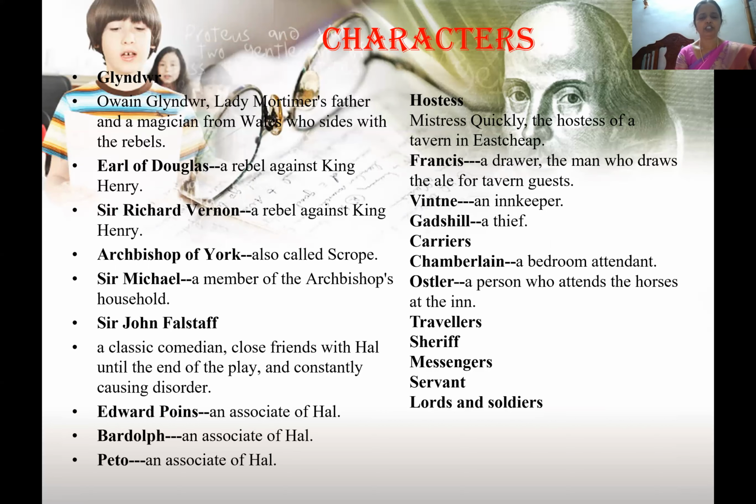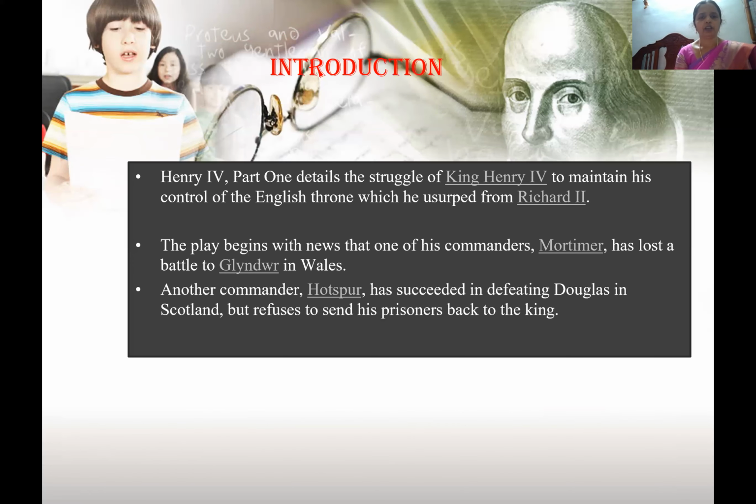Okay, read and understand the relationships between the characters, what they are, where they are, and who they are. Let us move into the story, or the plot, of the play Henry IV. Henry IV Part 1 deals with the struggle of Henry IV to maintain his control of the English throne, which he usurped from Richard II.